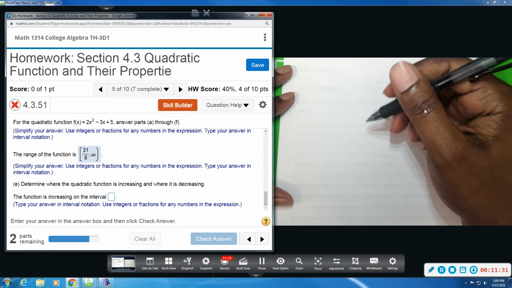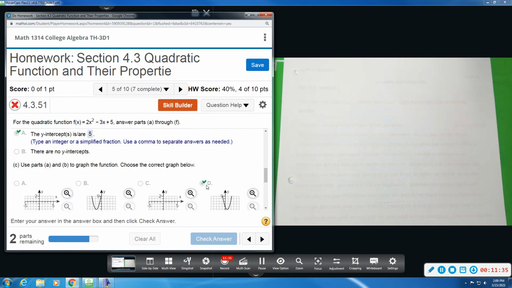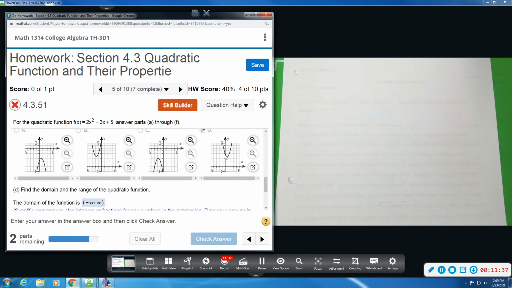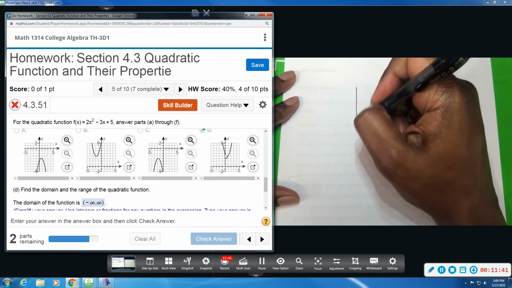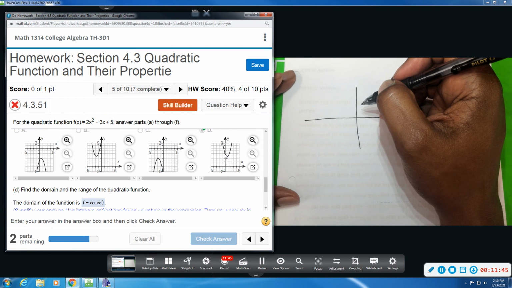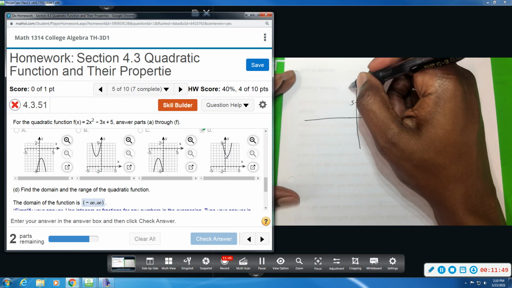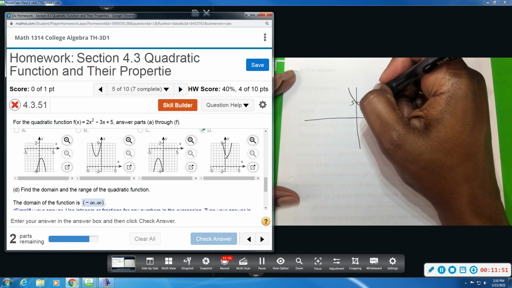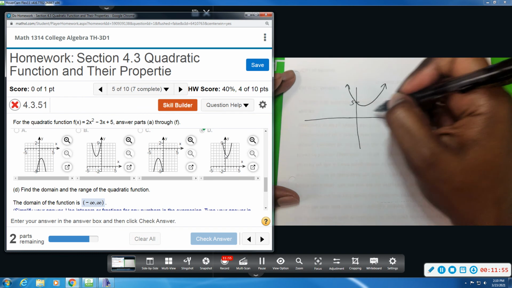Our parabola, let me pull up the picture that we had. Here's our picture, and I'll extract that as best I can. Let's say that this is 5. Something like this. It's close enough.